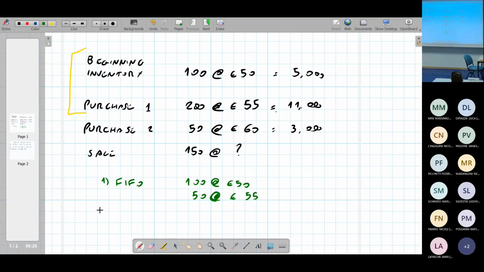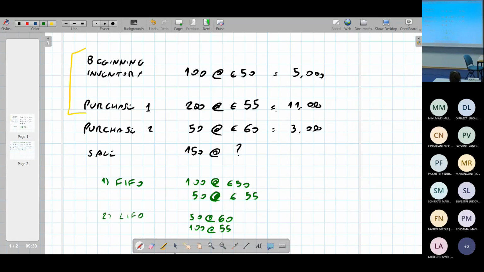In case of LIFO, the cost of goods sold will be based on the newest units. So that would be 50 units at 60 and 100 units at 55. I'm working from the bottom to the top, starting from the latest purchases.